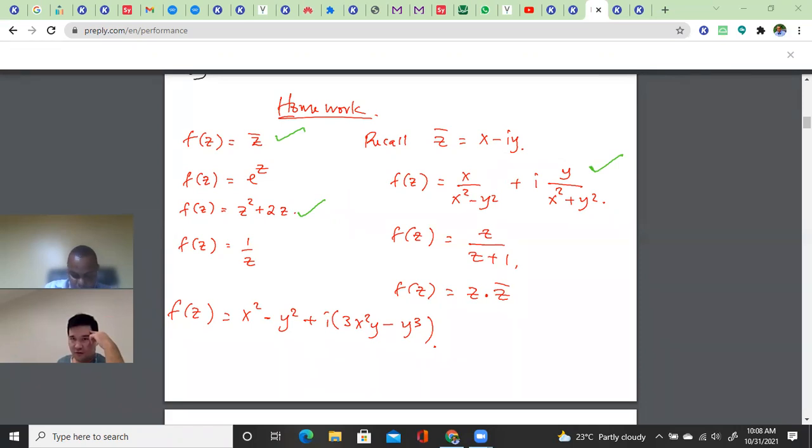Let me check my work and compare with what you got. So that is x over x squared minus iy. That is example number 2.